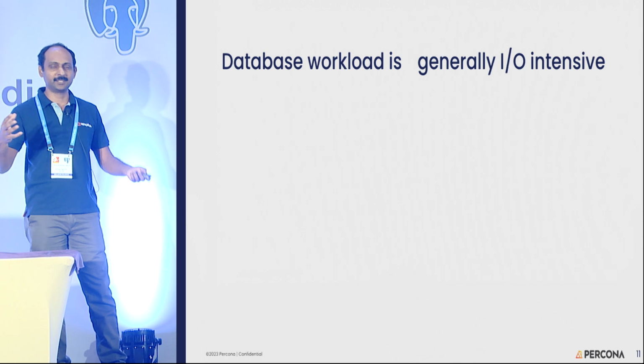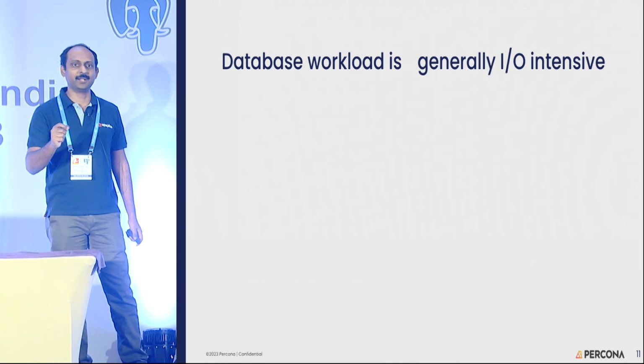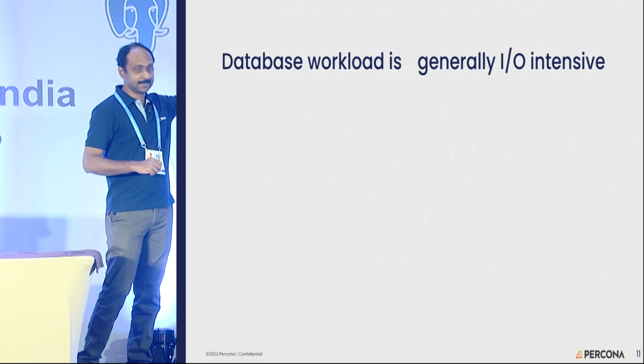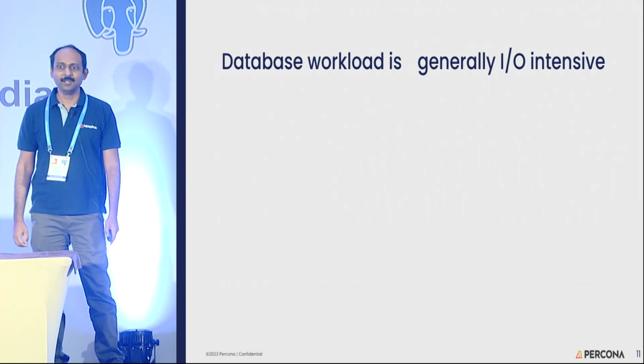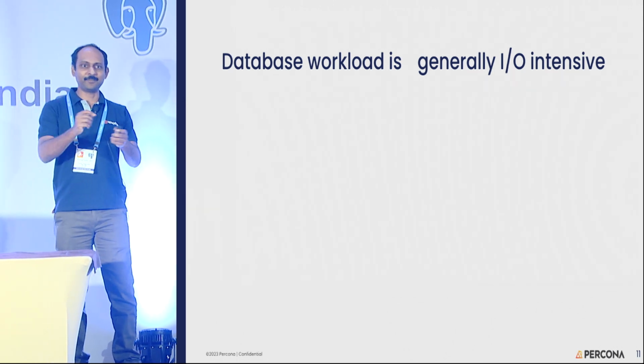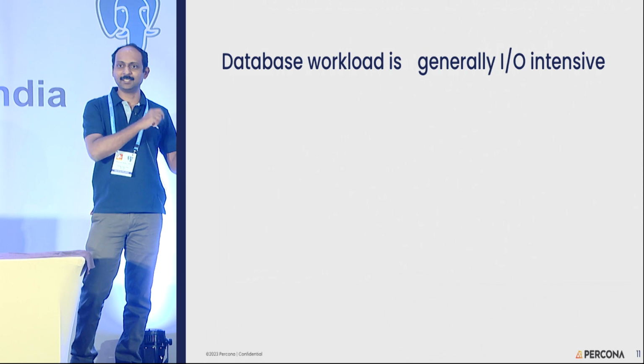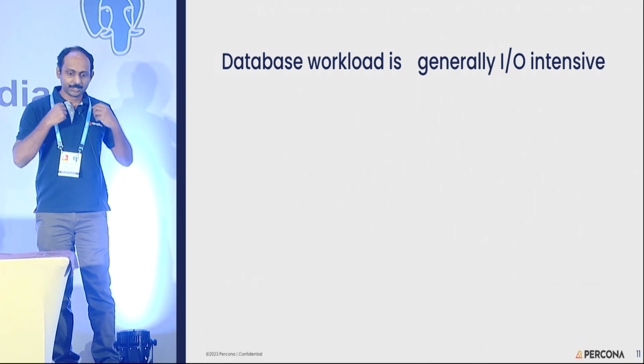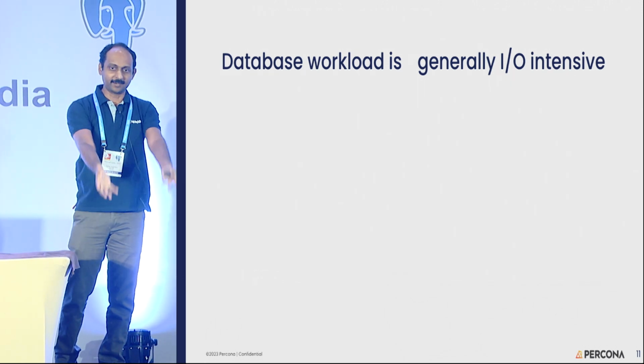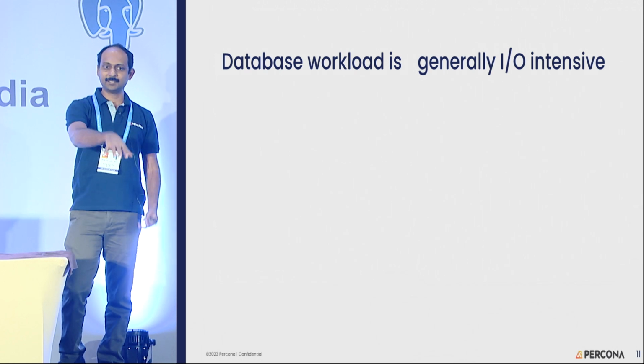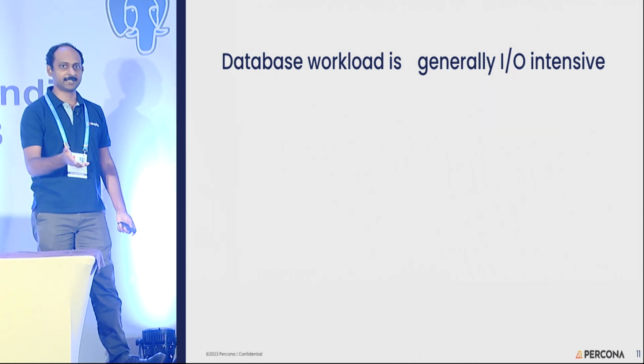But computation power is not the real bottleneck in a database workload. It is the I/O. That is the fundamental understanding every DBA should have. Because the database is all about storing your data persistently and retrieving it. Storing, retrieving. This is I/O. This is what a database does.